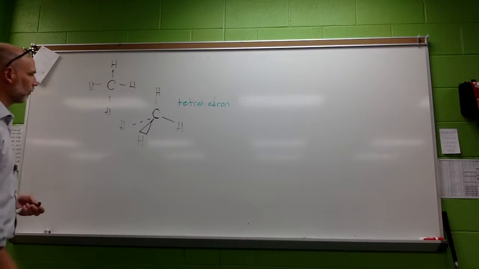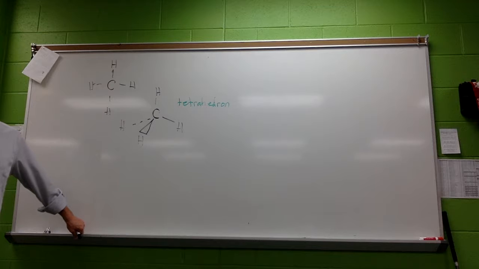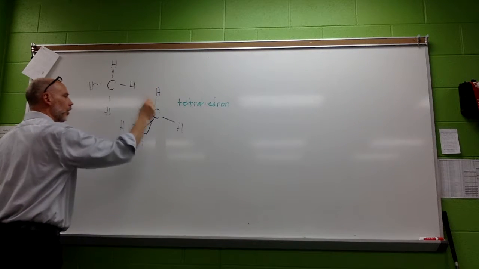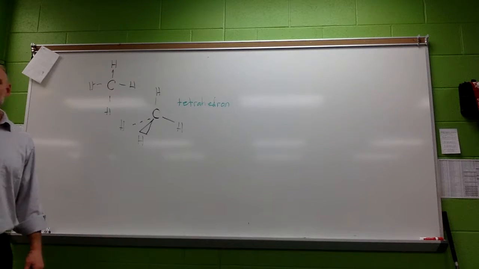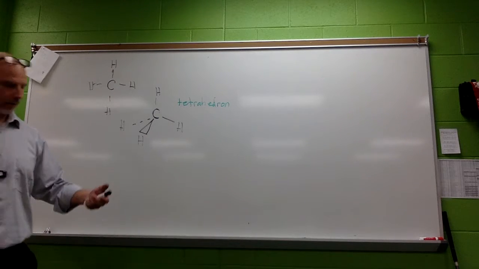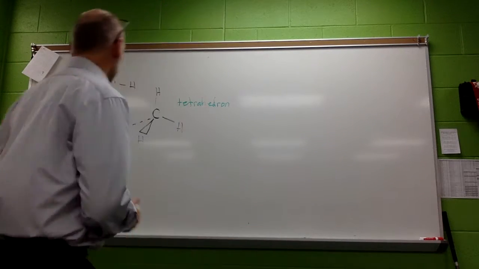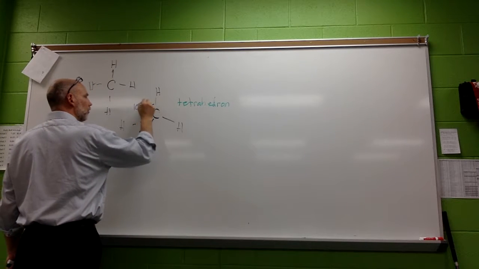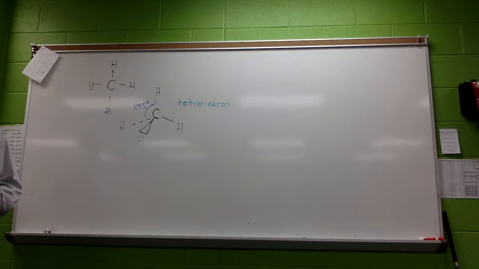Just out of curiosity, what is the hydrogen-carbon-hydrogen bond angle? 109.5. You have just gotten 4 of the 6 possible points available. You don't know about the other 2 points yet.